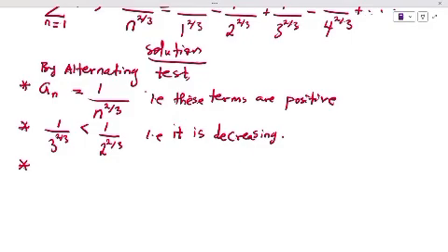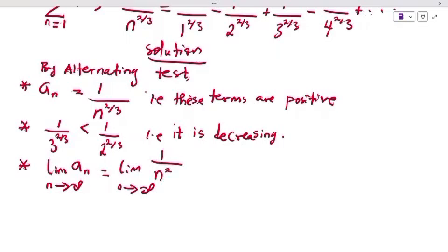So now from here, you see that the limit as n approaches infinity of an is equal to what? The limit as n approaches infinity of 1 over n to the power of 2 over 3 will be equal to what? 0. What does that mean? That means the series converges.